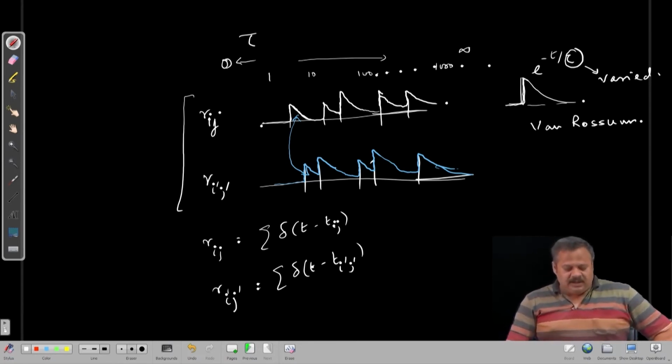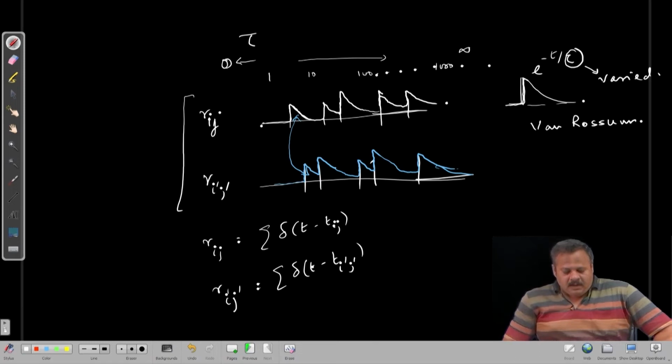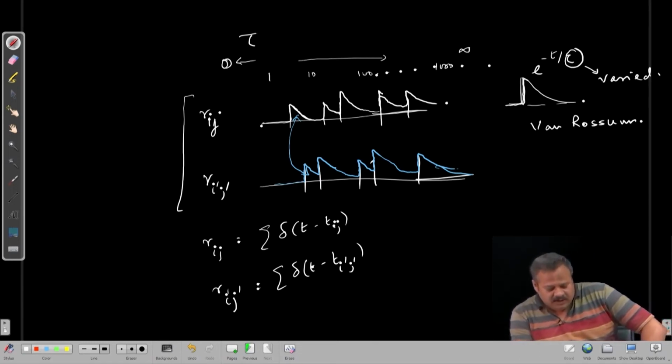Tij are the spike times in the ij spike train, and ti'j' are the spike times in the i'j' spike train.